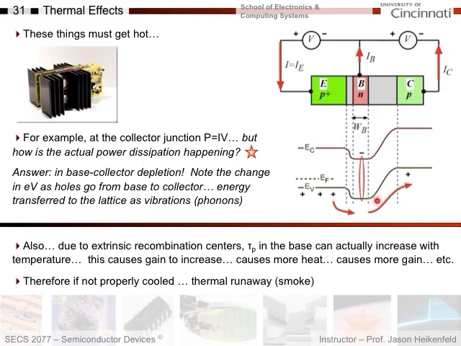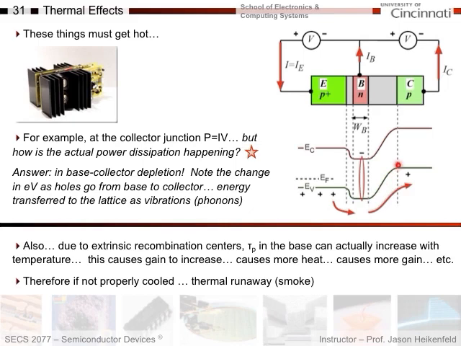It moves in this direction, and as it's moving towards the collector, it is changing in energy, right? This is one energy here. This is lower energy here for a hole. So as it slides across here, it's giving up energy as it slides along the hill here. So that shows you how the holes, as they go across this voltage, give up their energy before they come out the collector. And you can see the power dissipation right there.